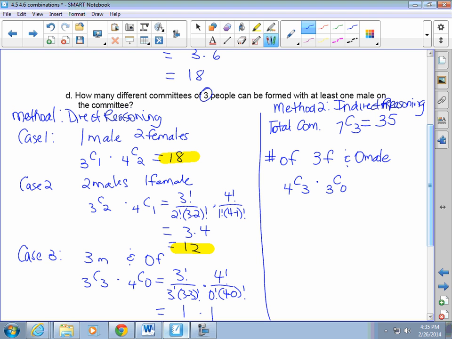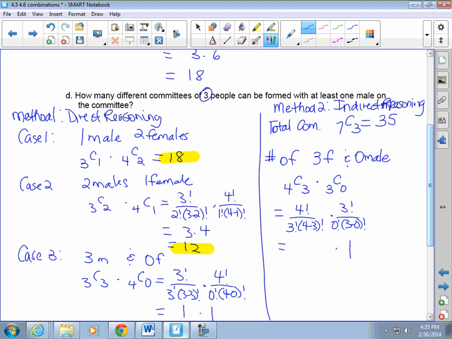So that is equal to 4 factorial over 3 factorial times 4 minus 3 factorial, times 3 factorial over 0 factorial times 3 minus 0 factorial. So I already know that that equals 1. So on this side, I have 4 factorial over 3 factorial times 4 minus 3. 4 minus 3 is just 1, and 1 factorial is 1.